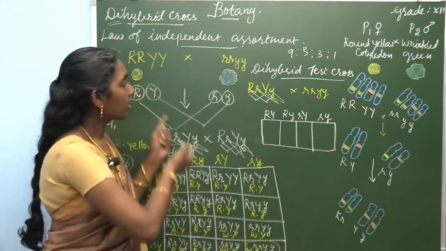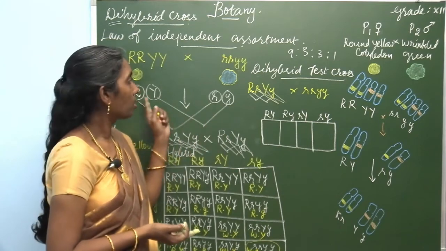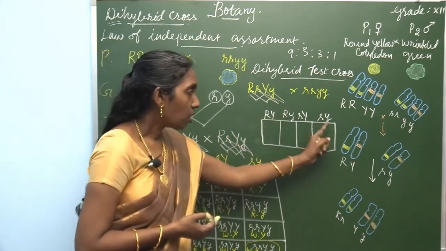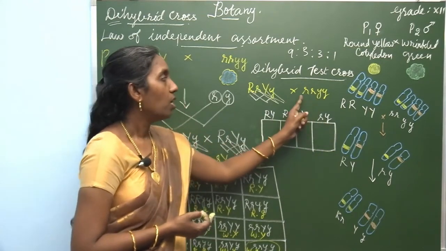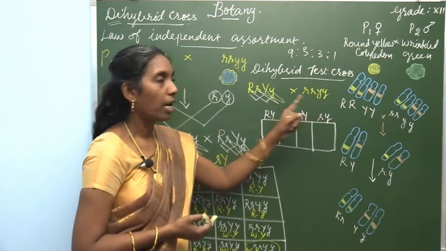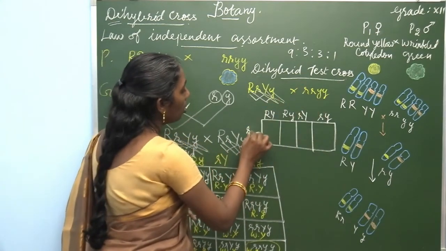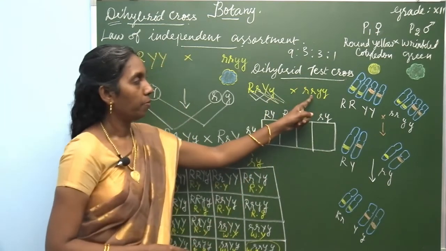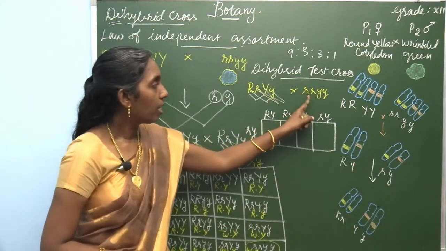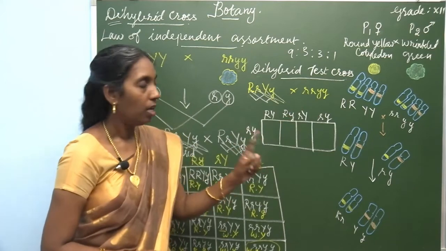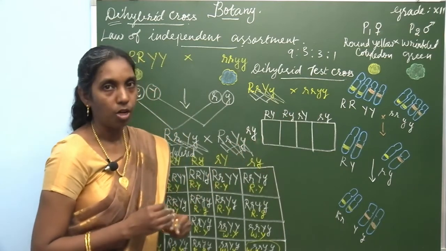So we take the dihybrid crossed with the recessive, which contains small r and small y. The gamete from here is small r, small y, from this allele small r and from this allele small y.